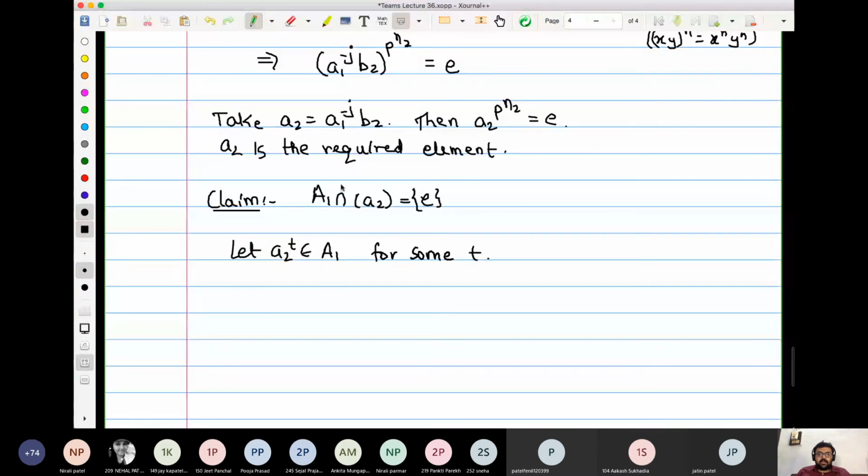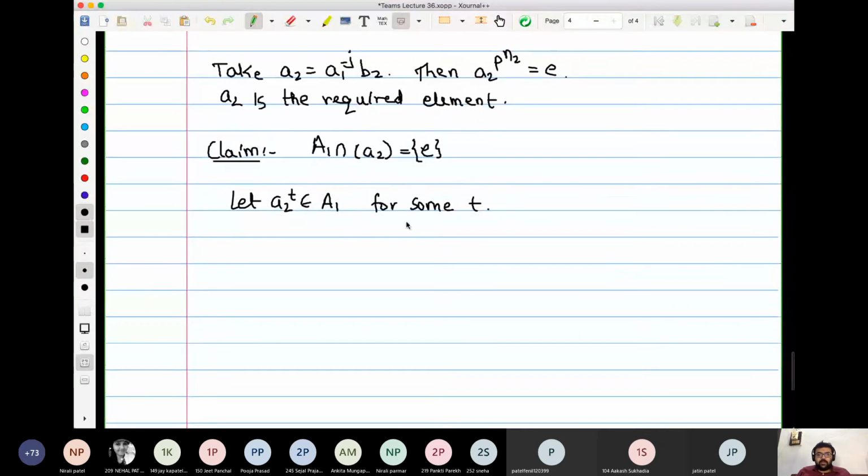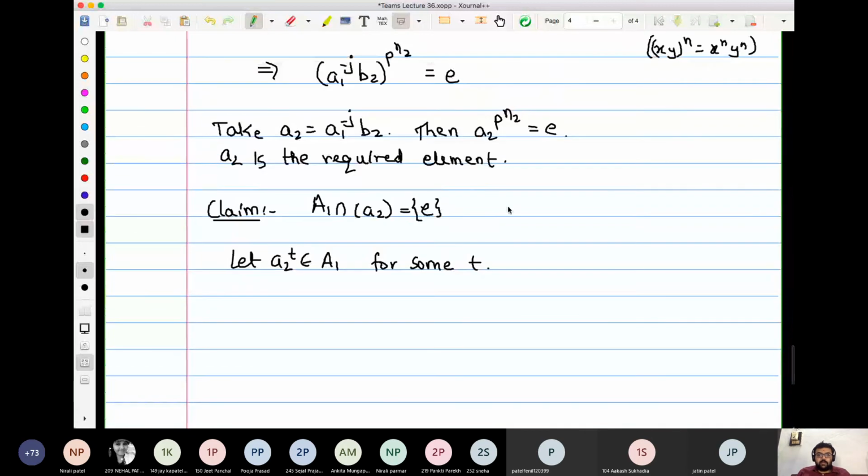How do we show that this is identity? We show that this is identity. Some common element belongs here. So an element here is of the form A2 power T, because it is the cyclic group generated by A2. So let us say A2 power T belongs to A1. What happens? A2 power T belongs to A1. What is A2? A2 we know here.